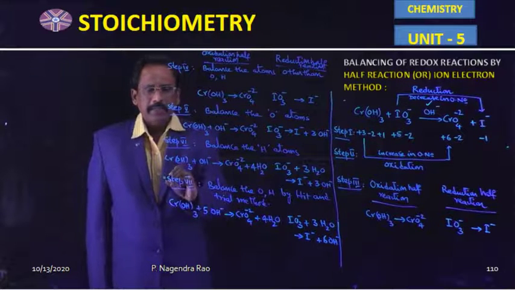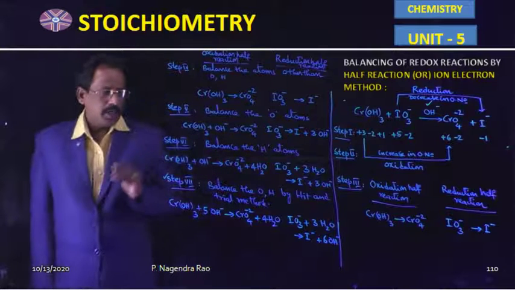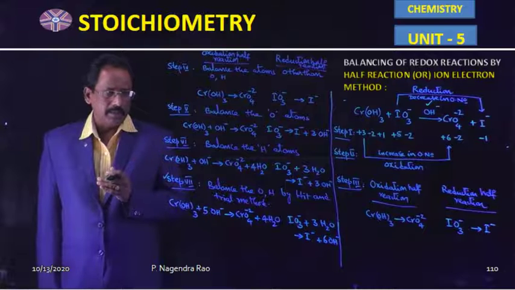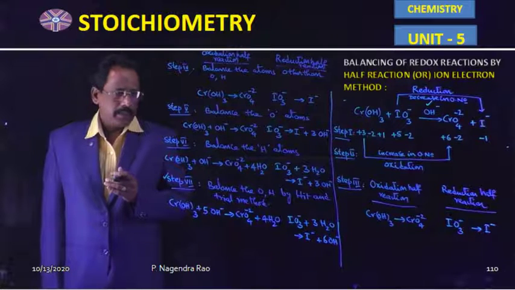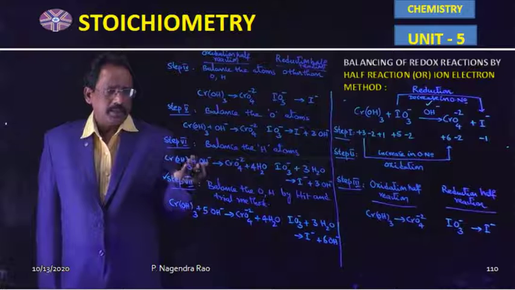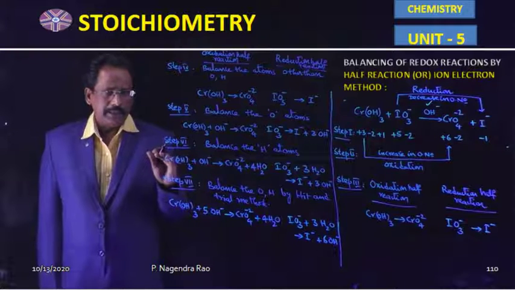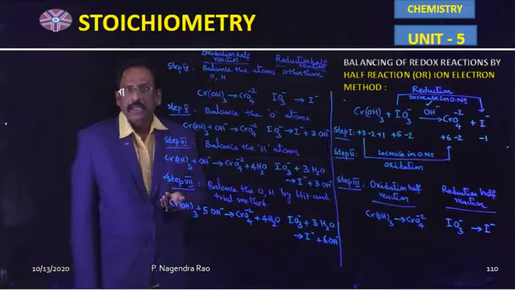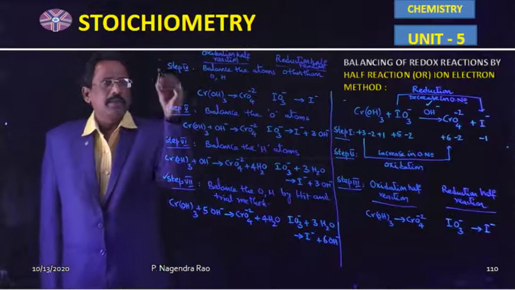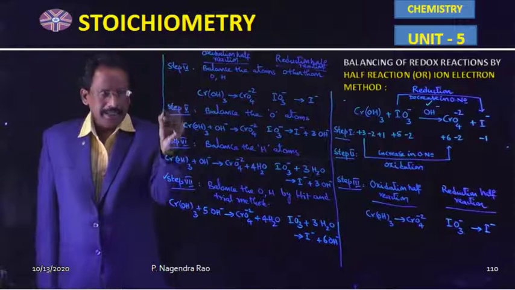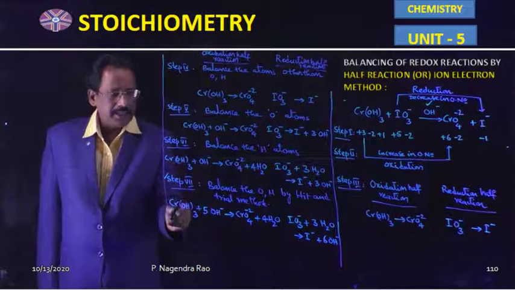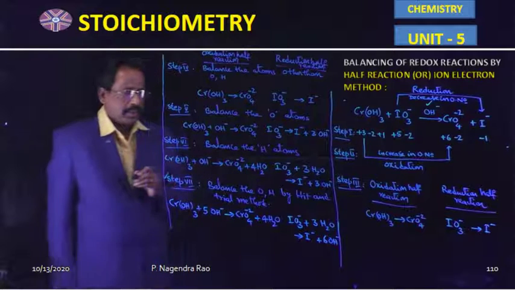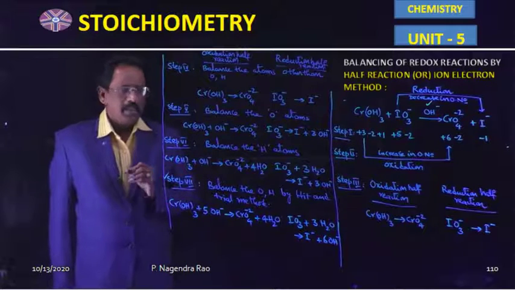So this is the very important step here. After the addition of water molecules to balance the hydrogen atoms, both oxygen number and hydrogen number vary. After that balance the oxygen and hydrogen by hit and trial method. Generally multiply with a suitable number with the OH minus.